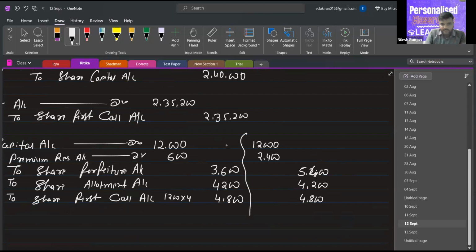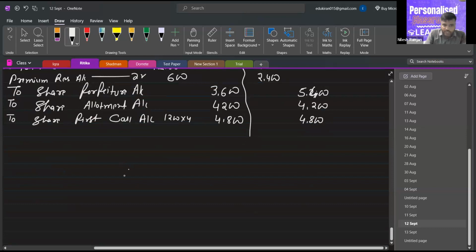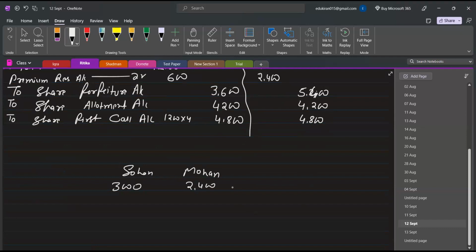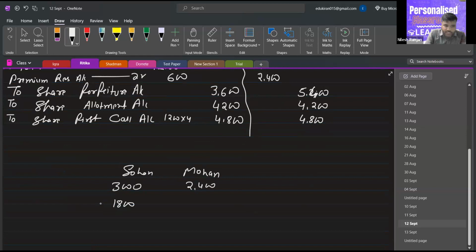In the first case, we have assumed the amount received from Mohan and Sohan, because they have paid 3000. Actually, I'm writing here again because I have to go to the upper side every time. So 3000 has been paid by Sohan and 2400 is paid by Mohan. In this 3000, 1800 is utilized, because 600 into 3 is application money, and the same here, 600 into 3, application 1800.